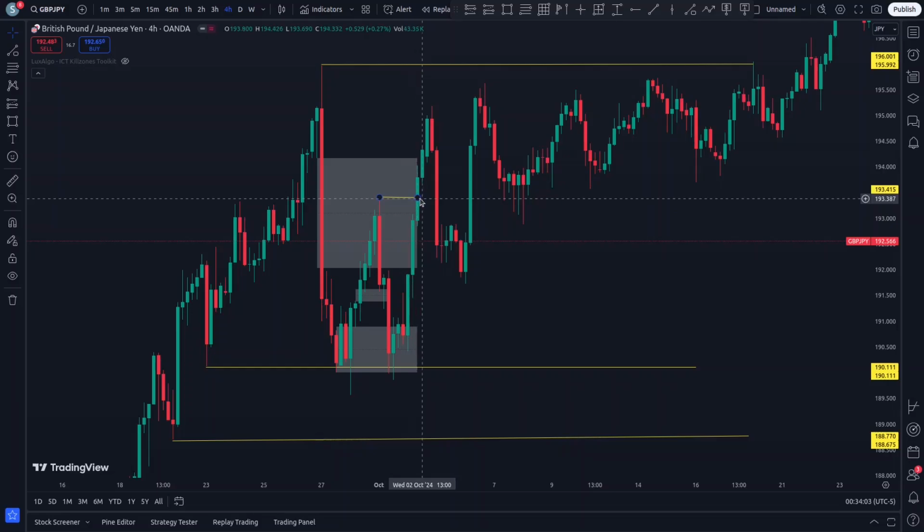When price takes this liquidity, it engineered a new high here. And sellers take control of the market. They took control, which is short-lived.